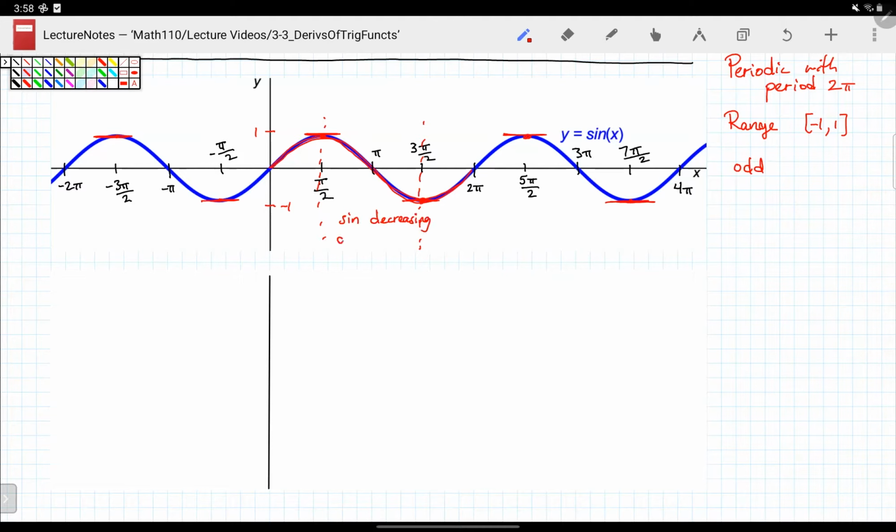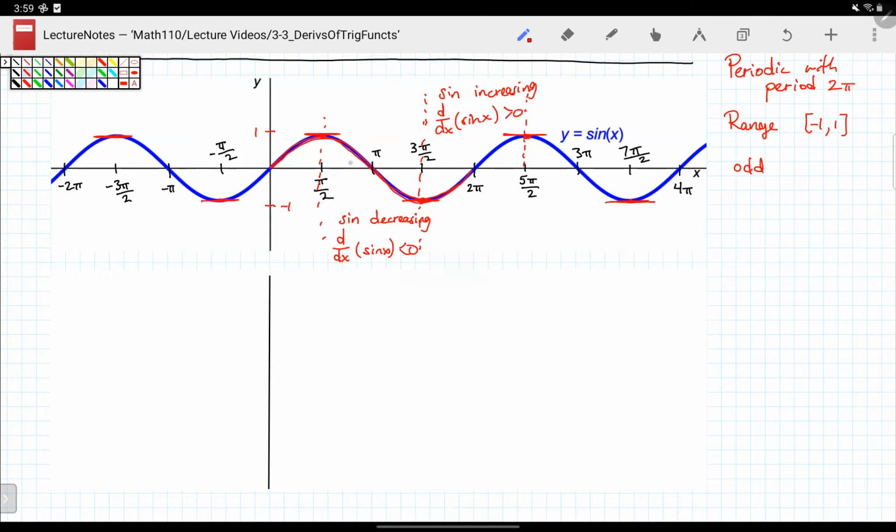So the derivative has to be negative in that range. And in the range from 3 pi/2 to 5 pi/2, the sine function is increasing, and so the derivative of that function has to be positive.